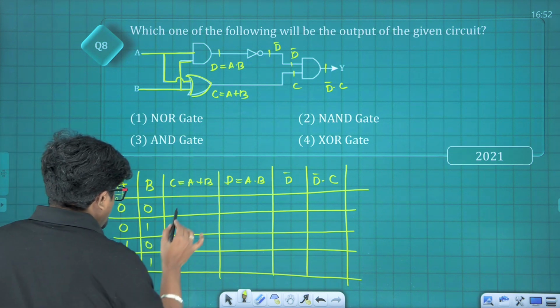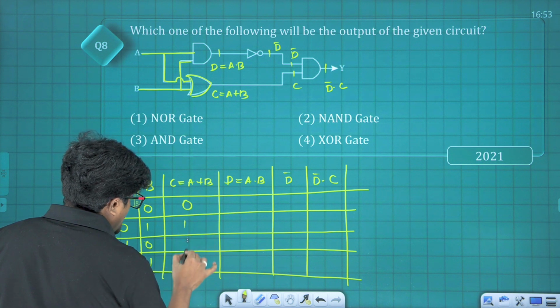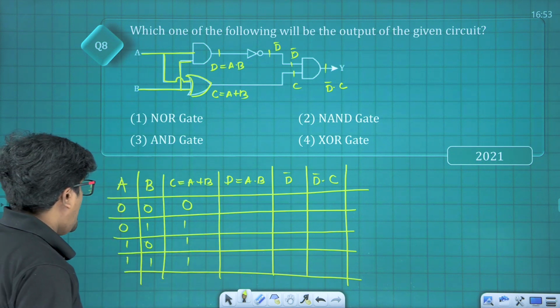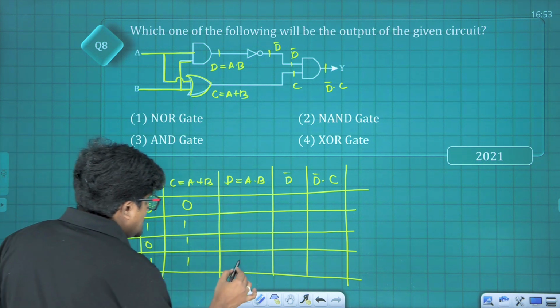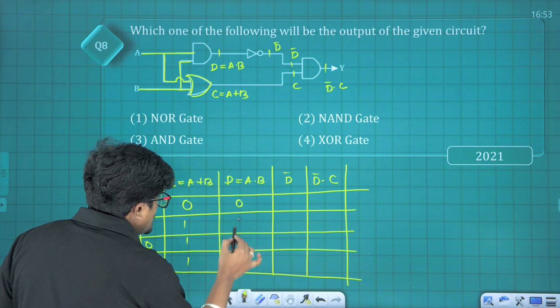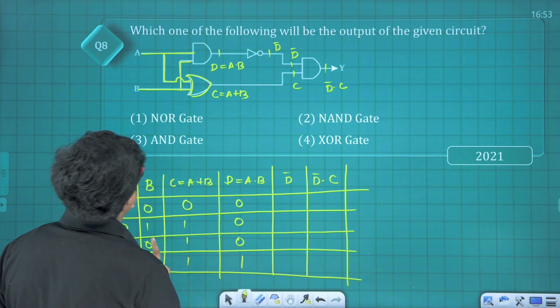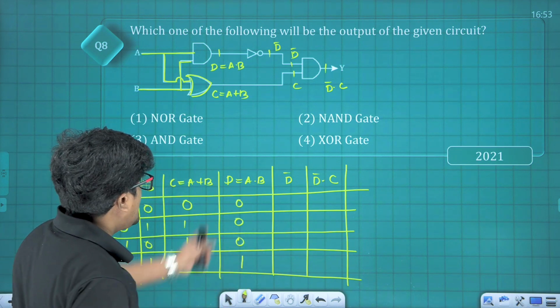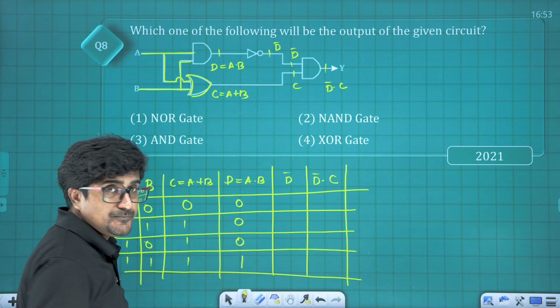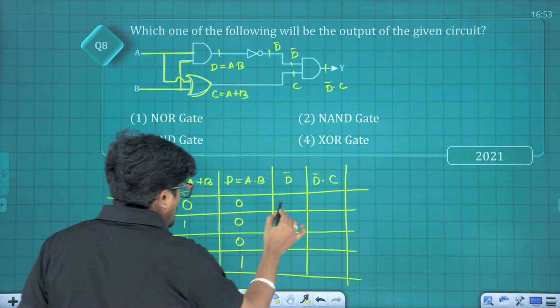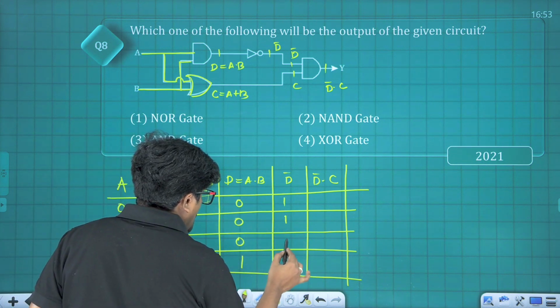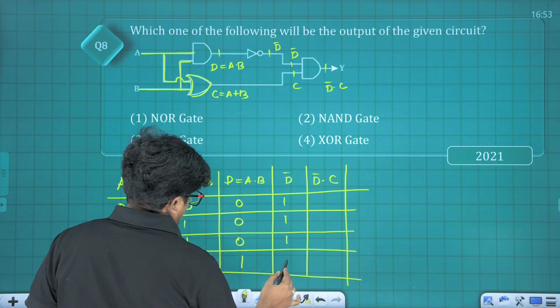So for A plus B, this is supposed to be 0, rest all is supposed to be 1. And for A dot B, this is supposed to be 1, and the rest all is supposed to be 0. Isn't it? And next is D dash, inverse of this, 1, 1, 1, 0.